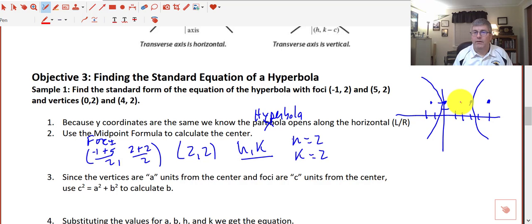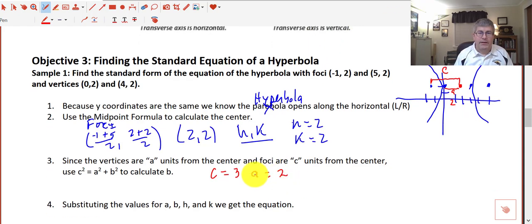So I've got my center here at 2, 2. I know this distance here is c. I think that's 3 units. So I know my c is 3, and my a value is here, and that is 2 units. So a is 2, so I can just calculate my b.